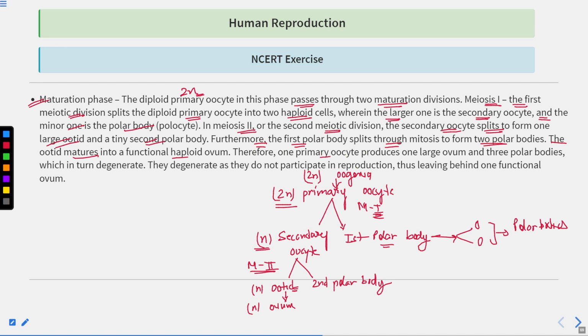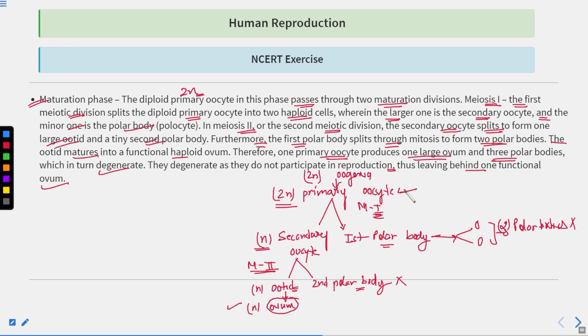Therefore the primary oocyte produces one large ovum and 3 polar bodies. These were the 2 polar bodies, and this is the 1 polar body. So in total 3 polar bodies are produced, which degenerate later on, as they do not participate in reproduction, thus leaving behind one functional ovum only. Is this clear?